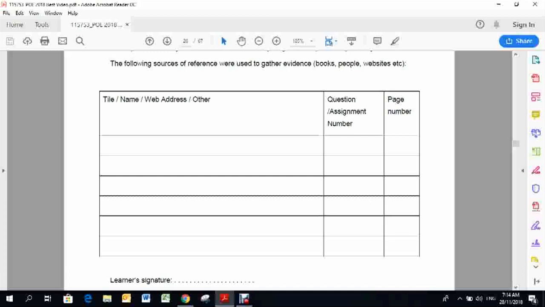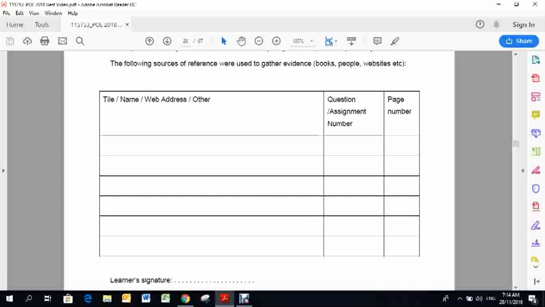So you indicate here to say, I went to www.nick.com for my assignment question number 10 on page 14. So in other words, we're avoiding plagiarism. We're avoiding using the informational websites of people without declaring that we have used that.